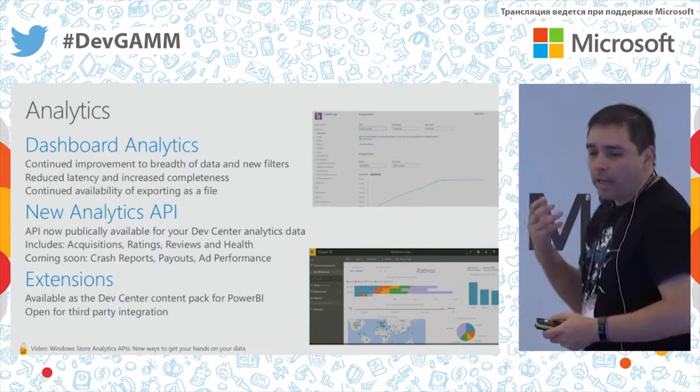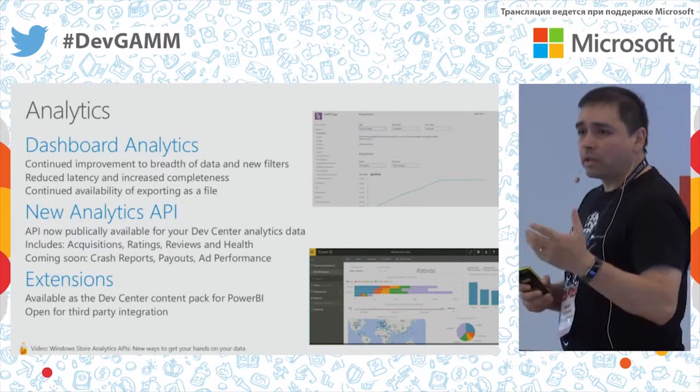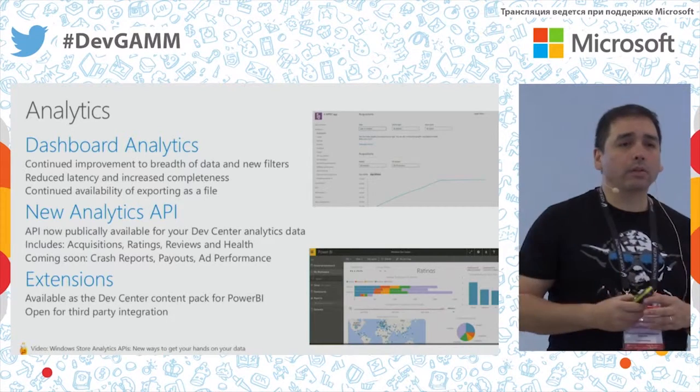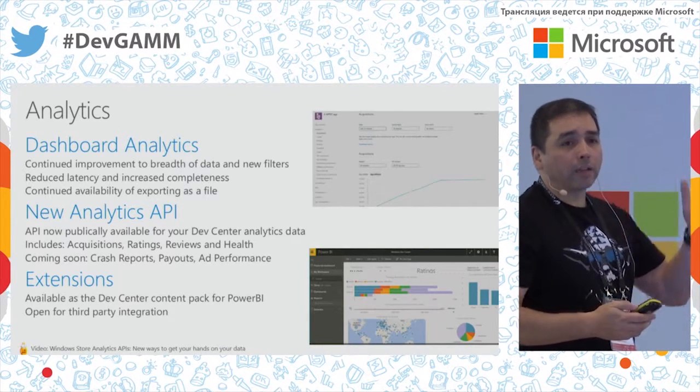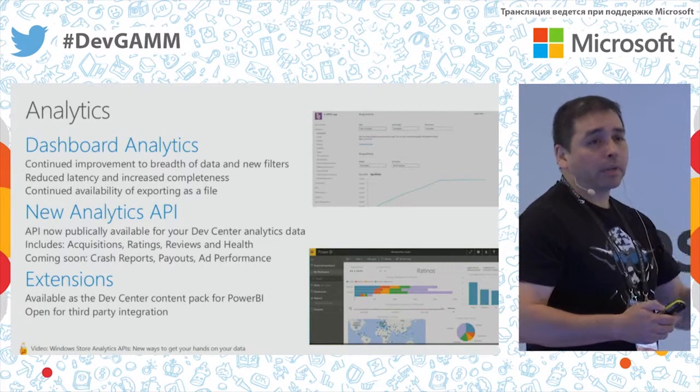What we're doing for our dev center is adding extensions such that if you want to, for example, do Power BI and get great visualizations on our analytics, you can do that. You can just say, I'm going to add an extension here and then get better visualizations on the analytics, and the data still remains on our dev center where you don't have to pay to host it or pay to access it. So we give you that as part of our analytics.